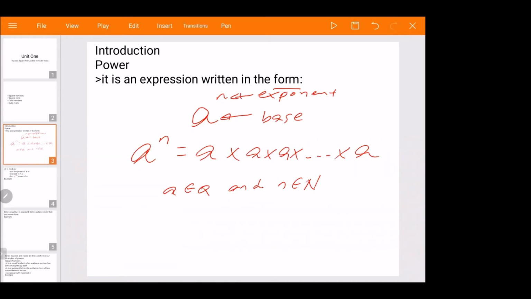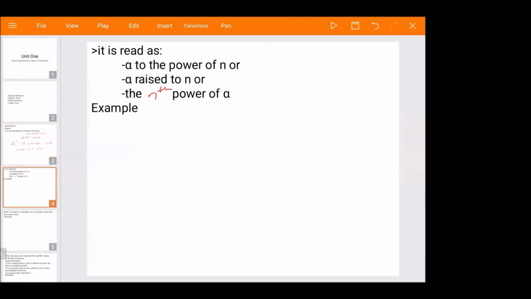So this is a restriction when we define a power at your level. So a can take any rational number and n can take any natural number. As an example, we can say like this one. This is a power, and so on.